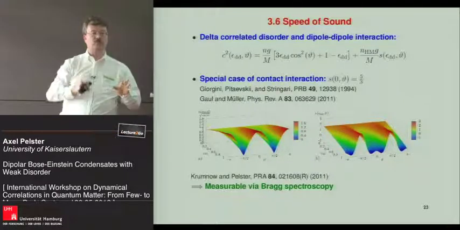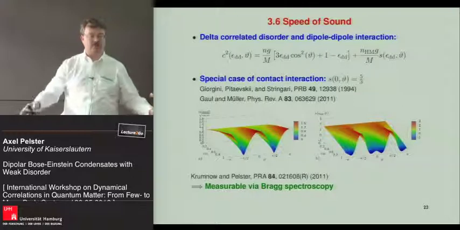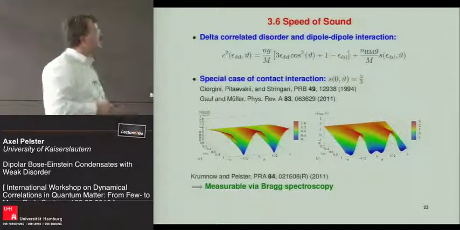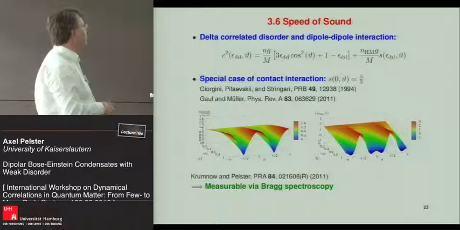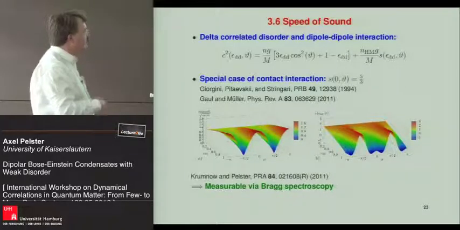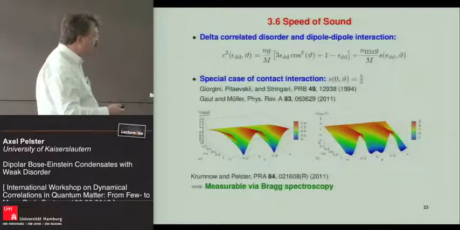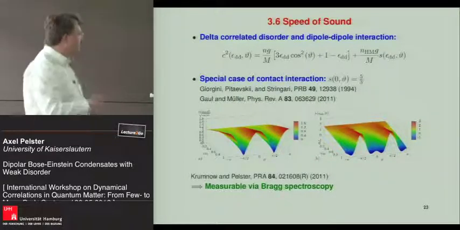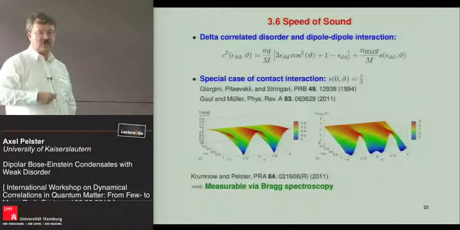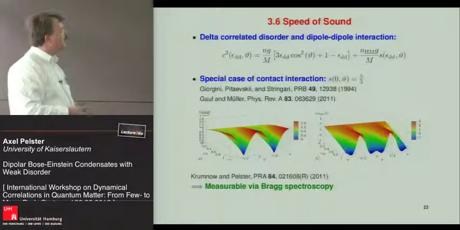So it matters in which direction you send off your sound wave, the sound velocity becomes different and can be analyzed in detail. This would certainly be a very interesting quantity to look at, and I'm optimistic that, for instance, with Bragg spectroscopy, such anisotropies of the sound velocity could be detected.